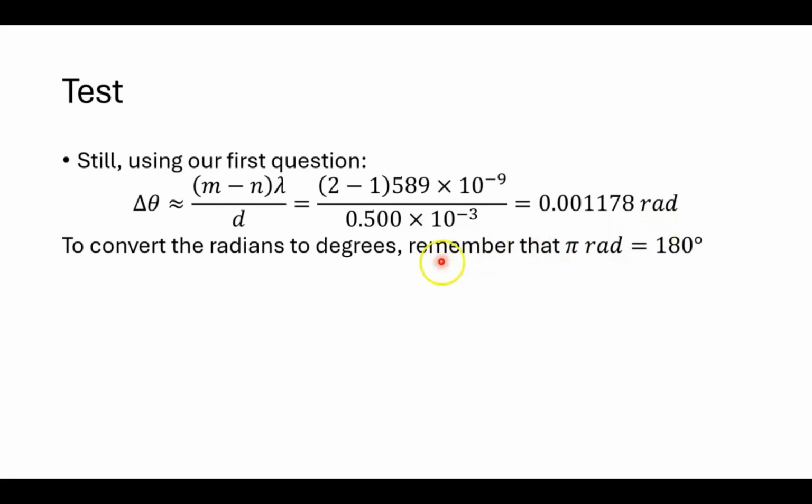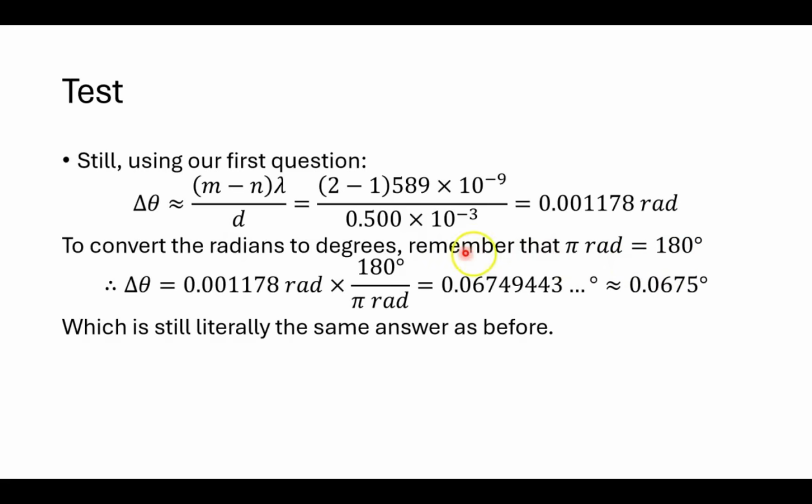It's very simple. You need to remember one key fact, that pi radians is equal to 180 degrees. This is a very important conversion factor. You may have seen it in your Year 11 Maths Methods. How I'm going to do it is I basically multiply your answer by this conversion factor.